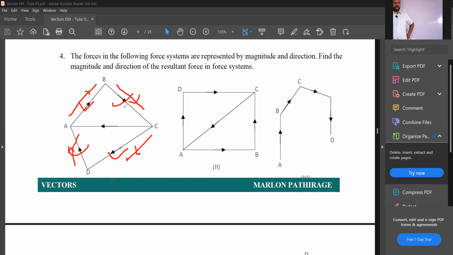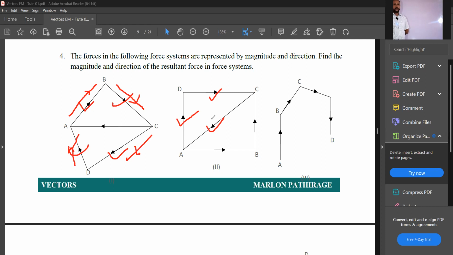Okay. Then the other two are correct. In this case, this is a closed loop. ADCA is a closed loop. Or otherwise, ABCA is also a closed loop. You can take either one.